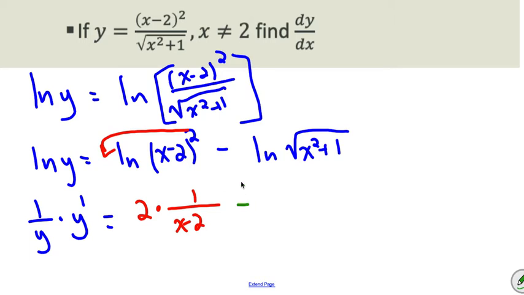And then minus, for this one, remember, we can write the square root as an exponent of 1/2. So I'm going to bring the 1/2 out front, times the derivative, which is, remember, whatever's inside goes on the denominator, x squared plus 1, and then the derivative of that goes up top, so 2x.